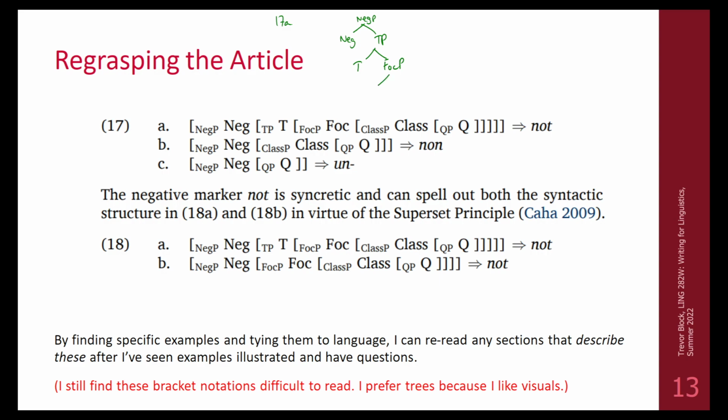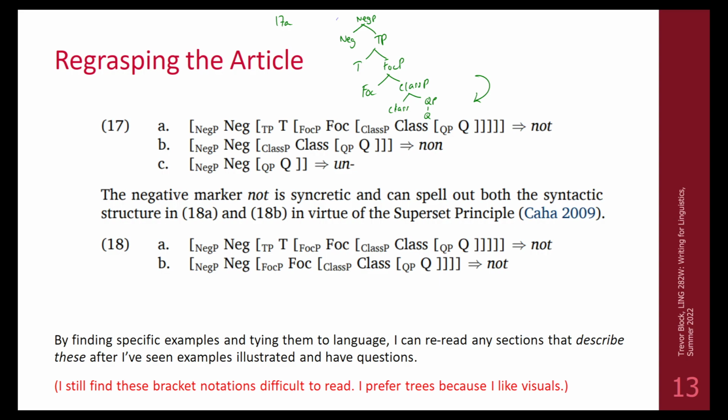It would be quite large to do for all of these, so there wasn't really a necessity to do so. So that's class, that's QP, then say Q there. This tree really corresponds to what that is saying.